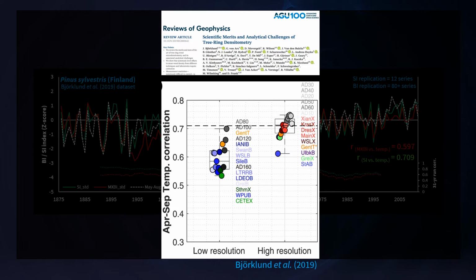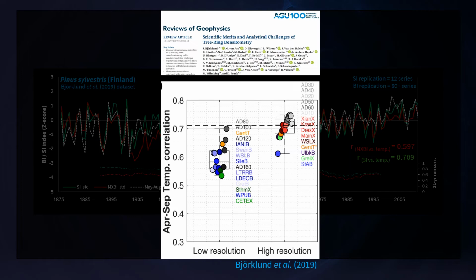And this is really an extensively evaluated data set with a range of different parameters from blue intensity and density and anatomical parameters generated from the same samples, or the same trees at least. And so we can see this big spread of the lower resolution data sets, which correlate in the region of 0.55 to 0.62 or 0.63, with lower resolution anatomical data sets performing a bit better.